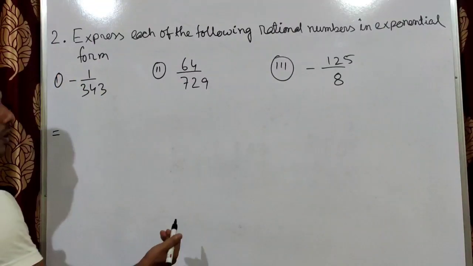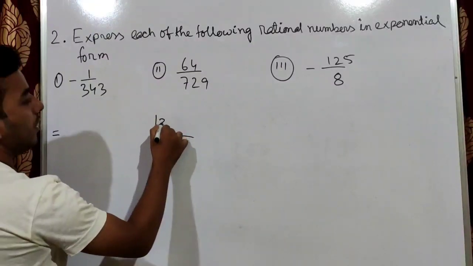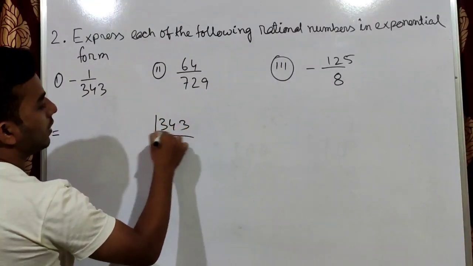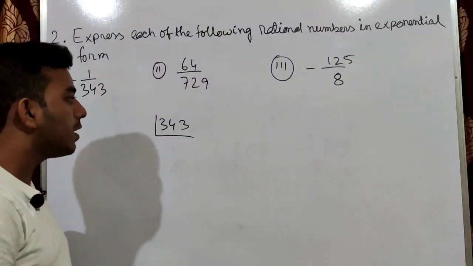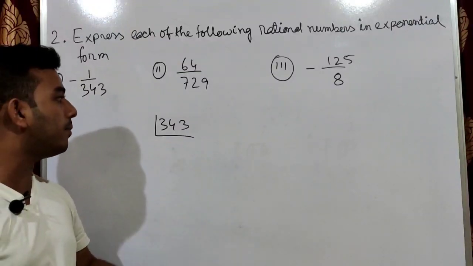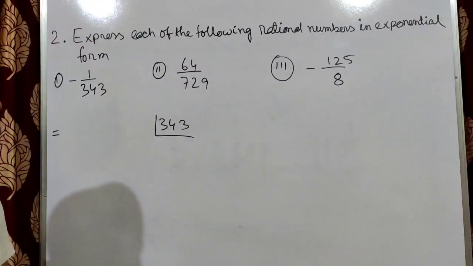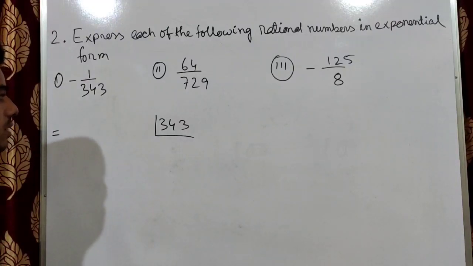For this, let us find out the factors of 343. This 343 is not divisible by 2, 3, 4, 5, or 6. So let us try with 7.